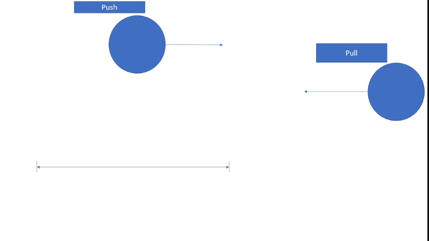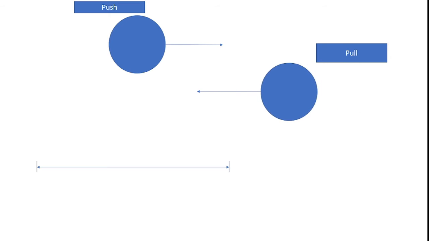And the ball moved from right hand to left hand is known as pull. The ball moves left to right because a push force is applied on the body, so it is called push. The ball moves from right to left because a pulling force acts on the body, so it is called pull.